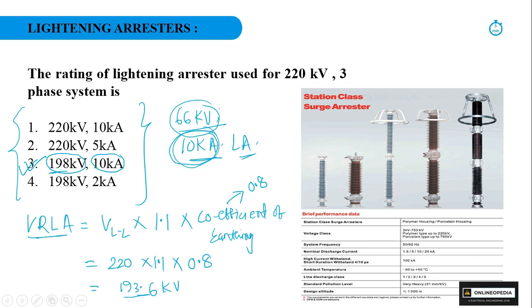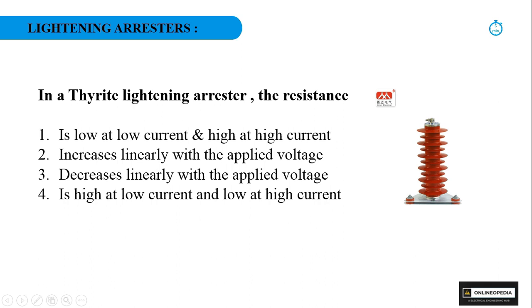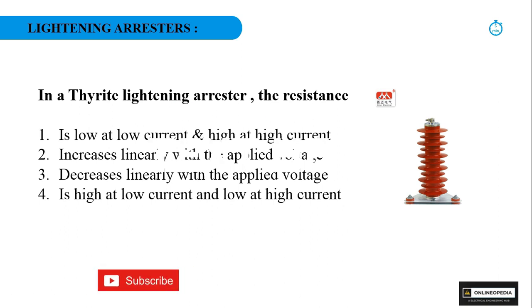So option 3 is correct. Next question: in a thyrite lightning arrestor, the resistance is low when the current is high, and high when the current is low. At normal condition, when there is no surge, the thyrite arrestor provides a high impedance path.